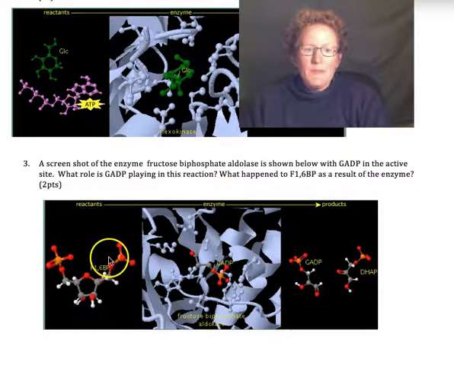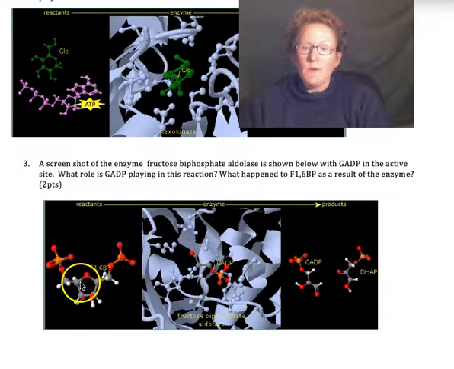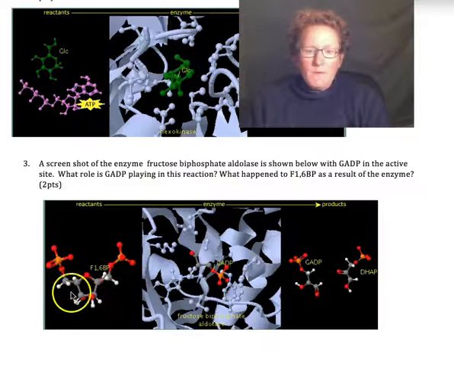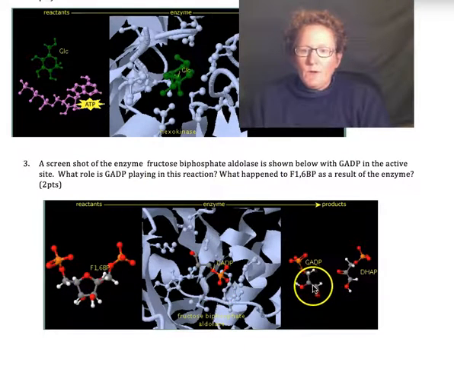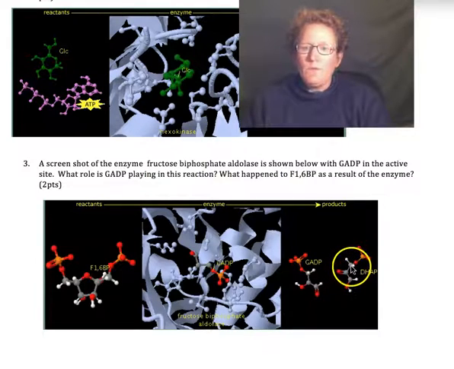And what happened to F16BP, or this molecule over here, as a result of the enzyme? Well, it looks like this kind of got chopped in half. You can see that there's 1, 2, 3, 4, 5, 6 carbon molecules all strung together in a chain. And now we have 1, 2, 3, and 1, 2, 3.